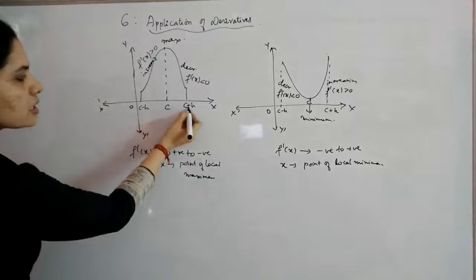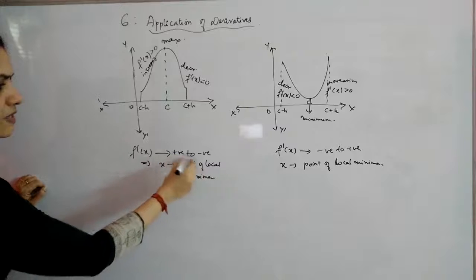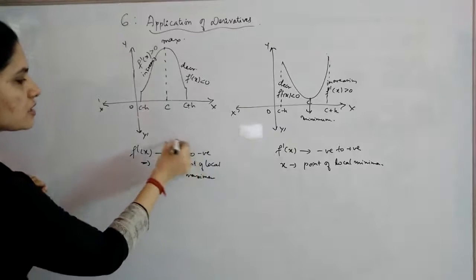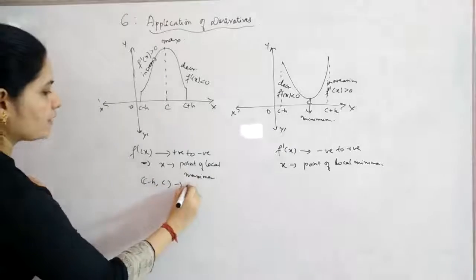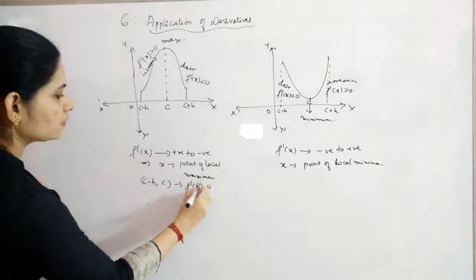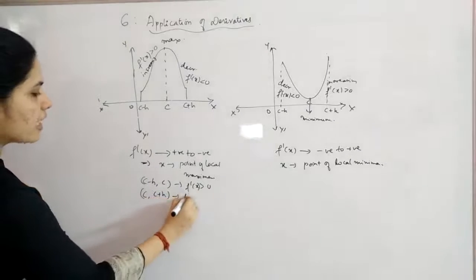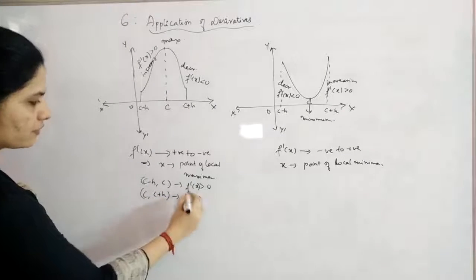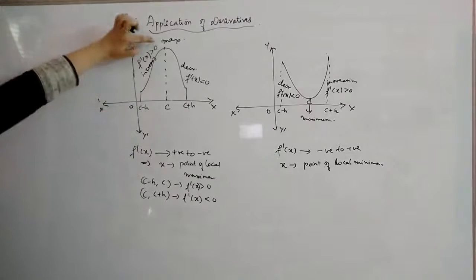And from c to c plus h, it is decreasing. I am saying this on an interval basis; here I have just generalized it. Positive to negative means in the interval c minus h, c, f dash is greater than 0, and in the interval c, c plus h, f dash is less than 0. At that point you are getting a maximum.